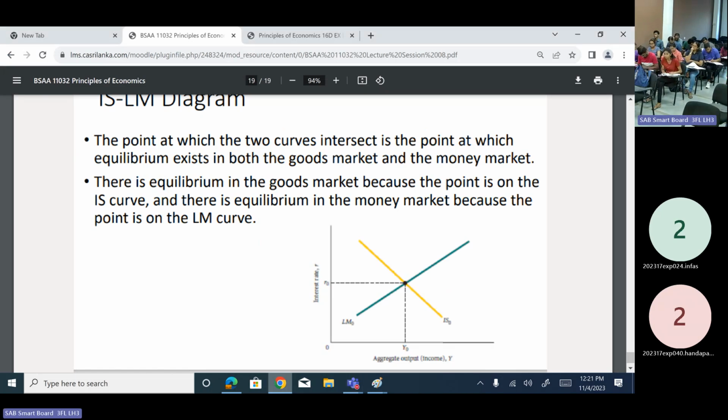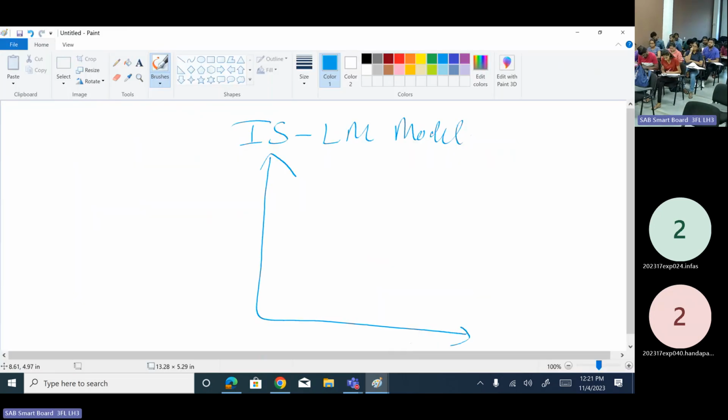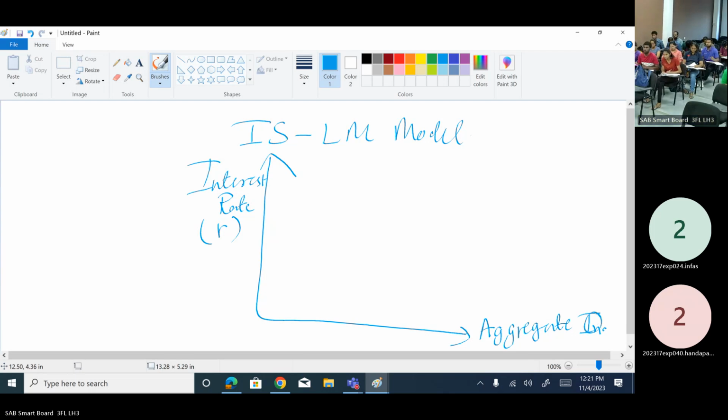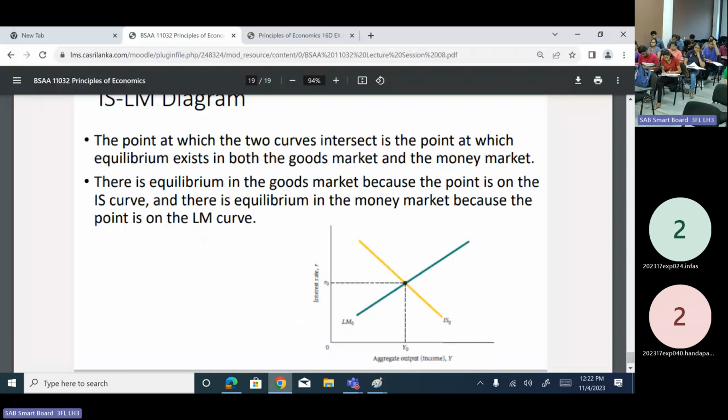On one axis, we have the interest rate, or you can simply call it R. On the other axis, we have aggregate output, or you can even call it income, Y. The IS curve is downward sloping, the LM curve is upward sloping.